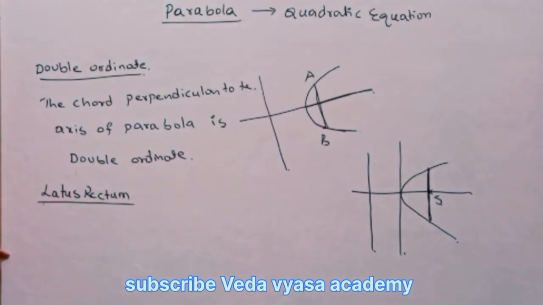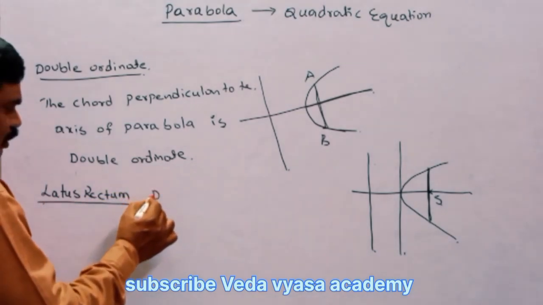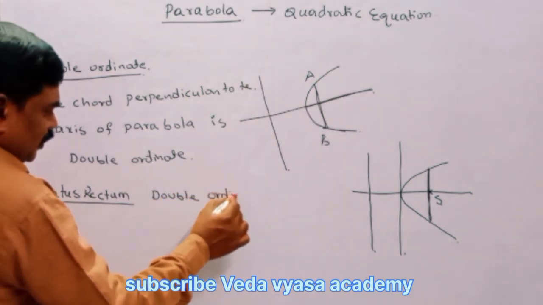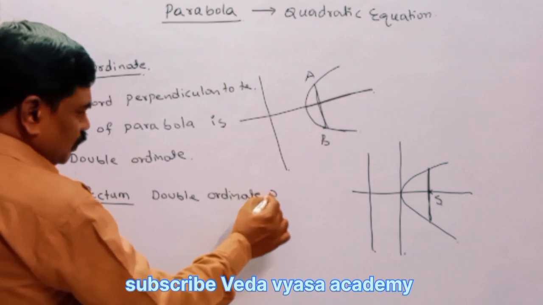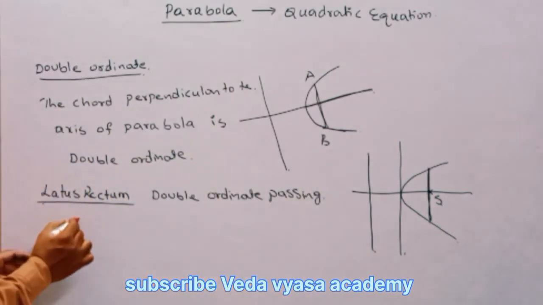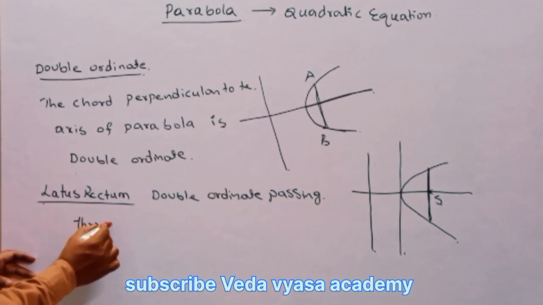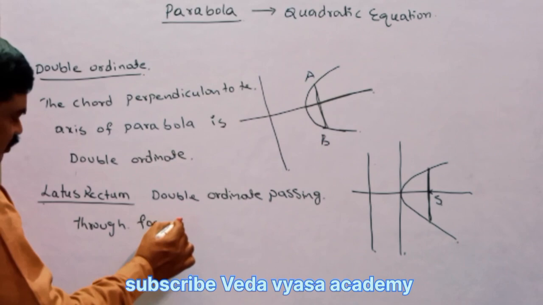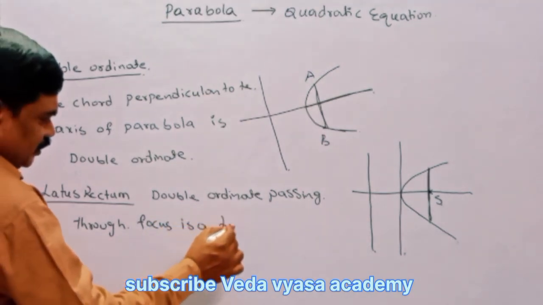A double ordinate passing through the focus is a latus rectum.